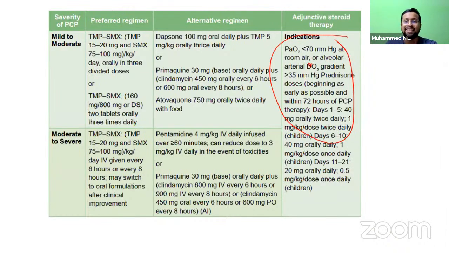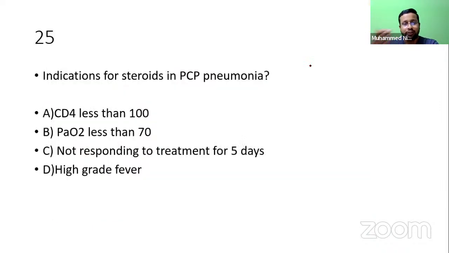If you have to write future exams, let it not be the case that you get it wrong. You give prednisolone, usually 40 milligram BD for 5 days, 40 OD for 5 days, followed by 20 OD for 11 days, along with Septran, that is trimethoprim sulfamethoxazole. So that is the treatment for PCP. The indication for steroids is a PaO2 less than 70. So there's no doubt in that question.